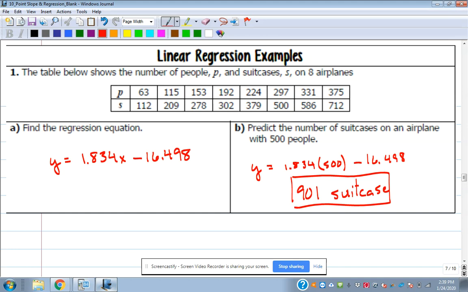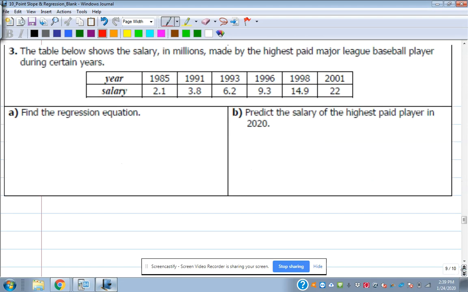What you usually want to do is set the lowest year to 0, so you would make 1985 be 0, and then 91 would be, how far is that from 1985? So 86, 87, 88, 89, 90, 91. So this would be 6, this would be 8, this would be 11, 13, and 16.